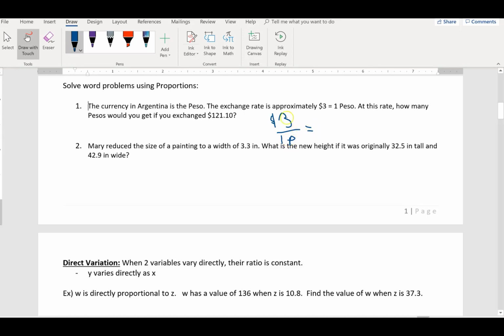So let's set up the proportion. The dollars will go up here. So we have $121.10, and we're looking for how many pesos, so let's call that x.